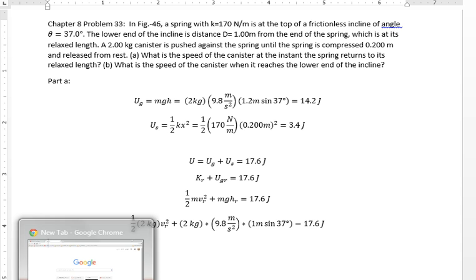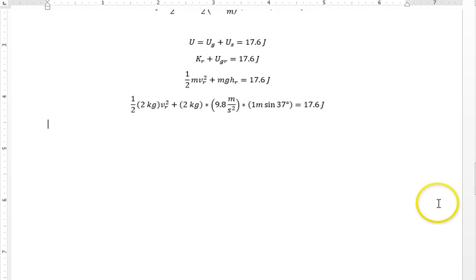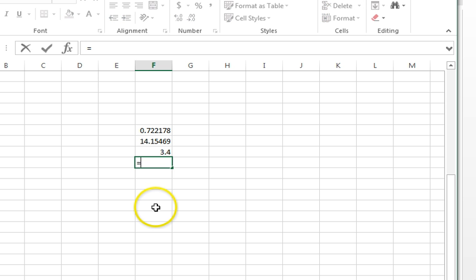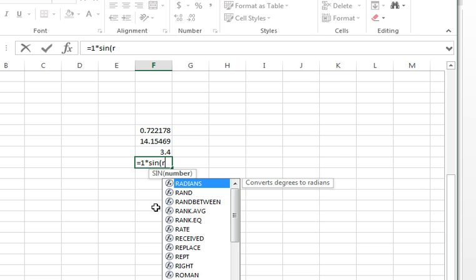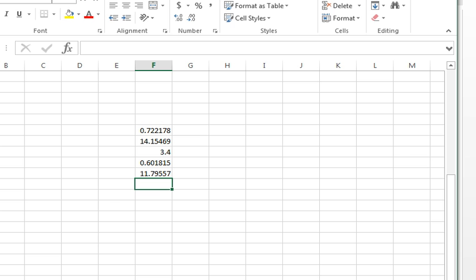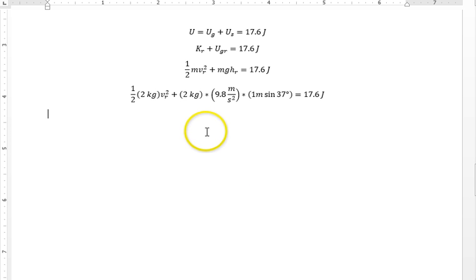Let's see what that energy is. So 1 meter times sine of 37 degrees, times mass, which is 2 times 9.8, gives 11.8 newtons.